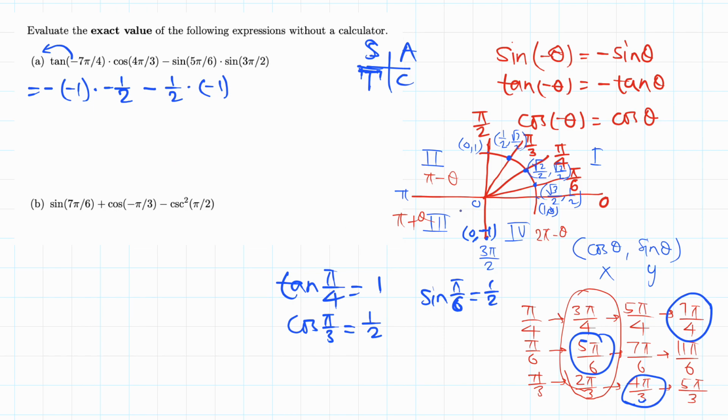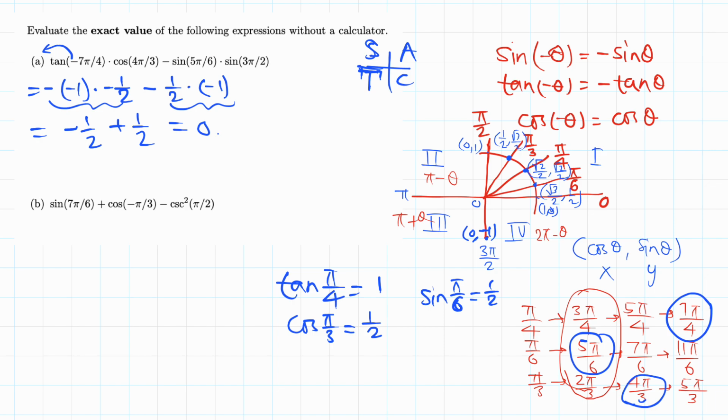Okay, it's a lot of work here. Now we are done. So minus, minus, negative, negative, positive. Oh, another negative. So negative 1 times 1/2 is negative 1/2. We have one product and another product. Negative, negative, positive, 1/2 times 1 is 1/2. Negative 1/2 plus 1/2 is 0.